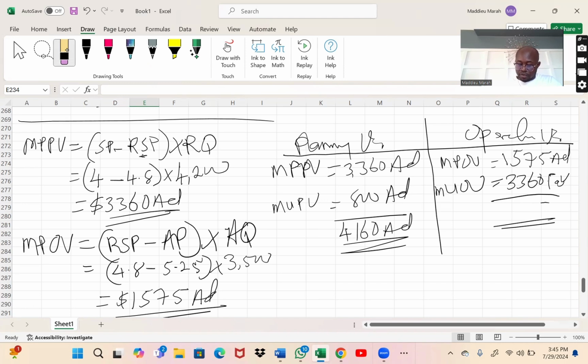So it's 3,360 minus 1,575, which gives us 1,785 favorable.